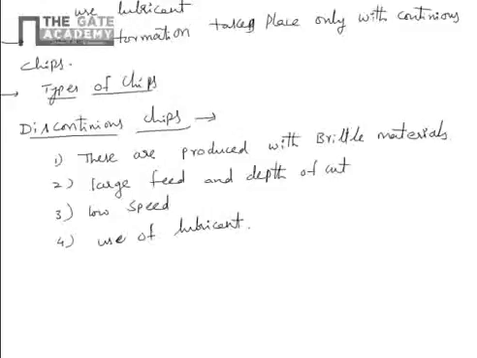Chip is getting consolidated. So in a short period of time, expansion and contraction takes place. So some cracks are generated, leading to discontinuous chips. Small rake angle is also one of the factors responsible for discontinuous chips.